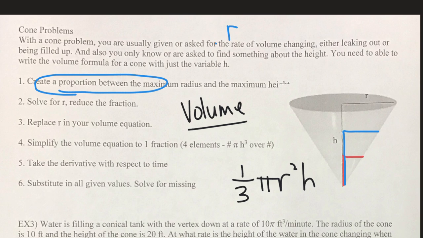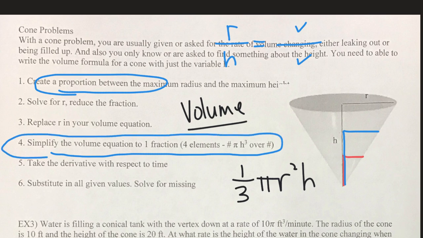We start with r over h equals whatever those numbers happen to be, the actual radius and the actual height of your cone. Because we want to do one thing, and that is write the equation with just one variable.